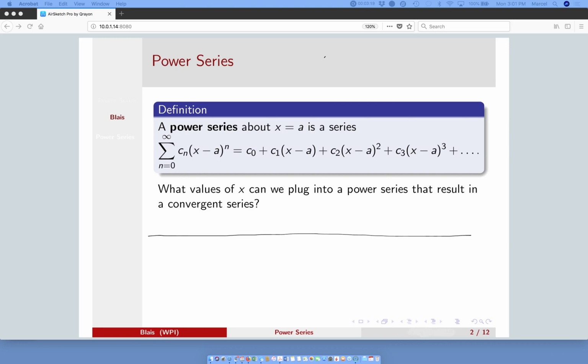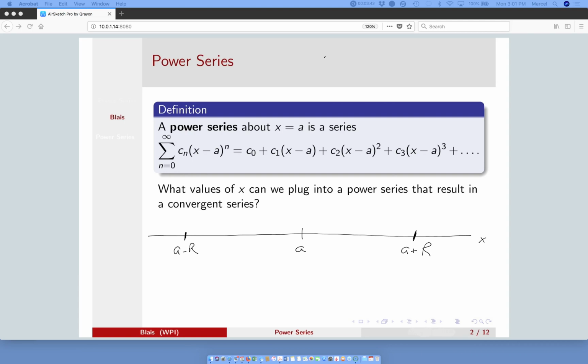We're going to have an interval centered at A. And then we're going to have the right endpoint, which is A plus R, and the left endpoint, which is A minus R.